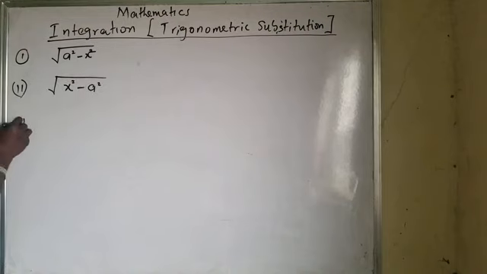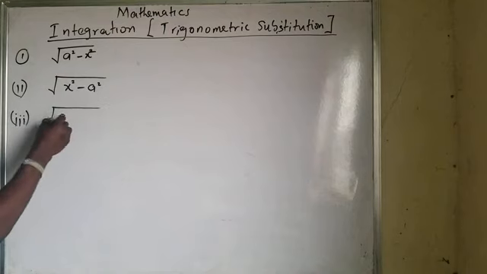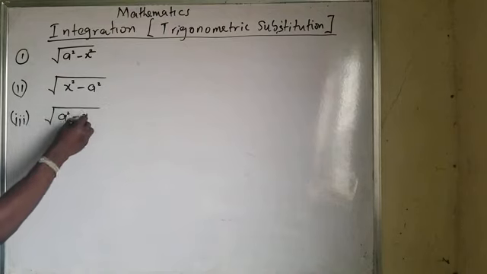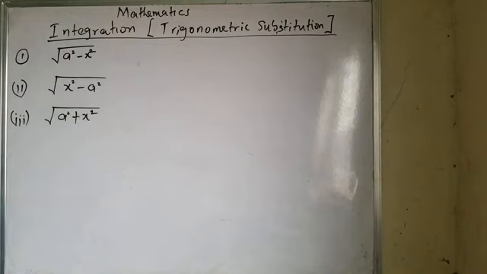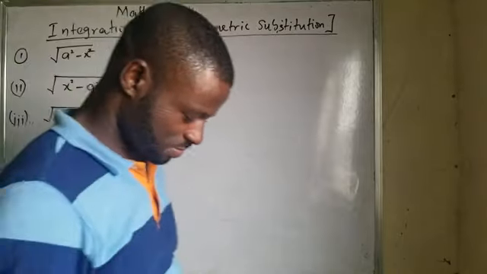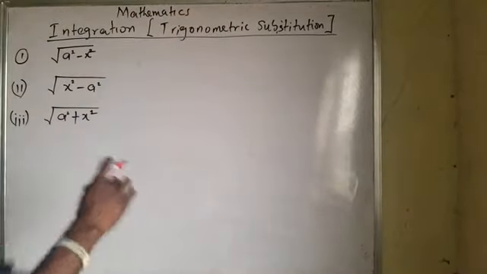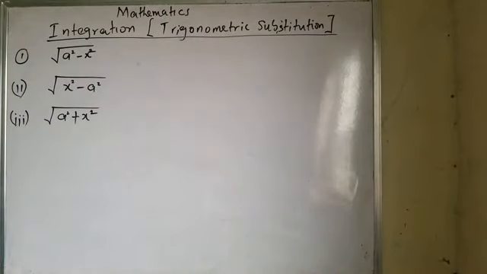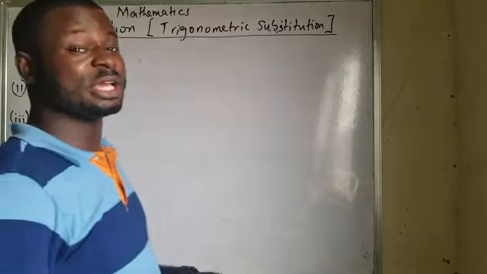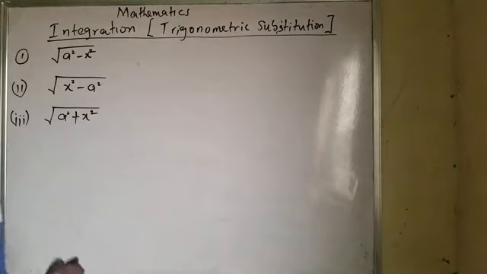And the third one: if I have a squared plus x squared. Take note of these shapes very well. In the next video I will try to expatiate on this, but that one is for year 2 and above students. That is very important.